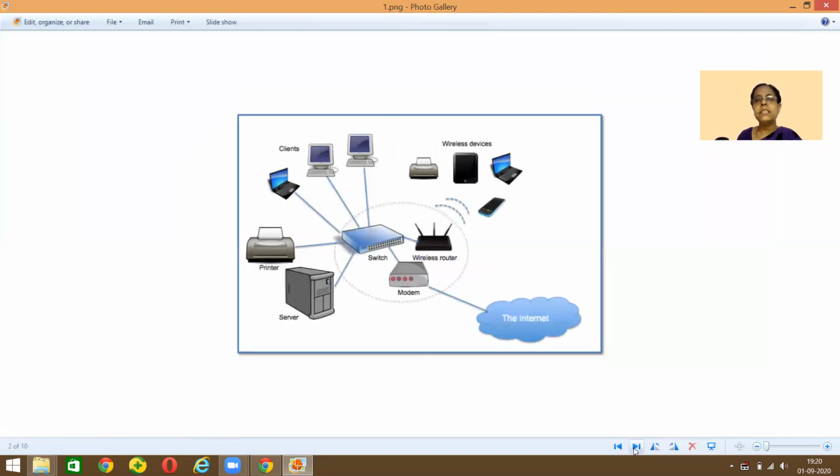You see, this is a network. Of course, there are some computers, and you can see they have a printer, and there can be a scanner too, and they are connected with switches, and this is a network here. So when they are connected in a network, they need not have a printer for every computer or laptop.